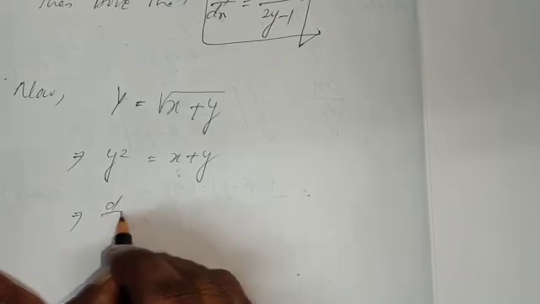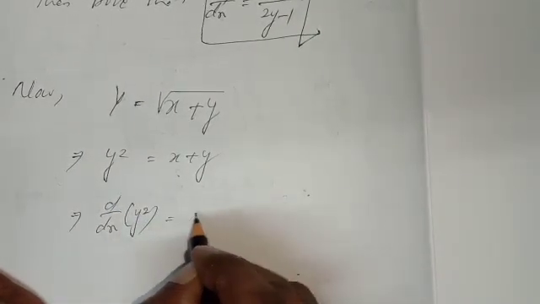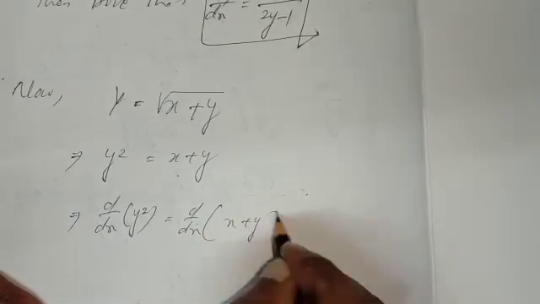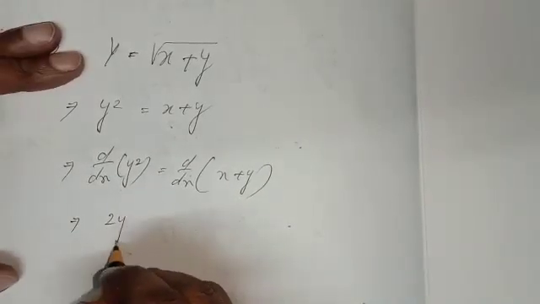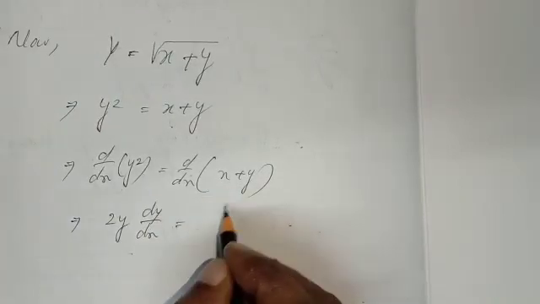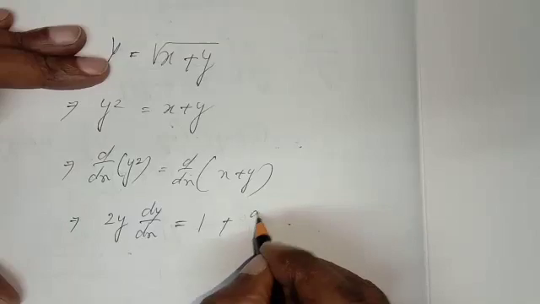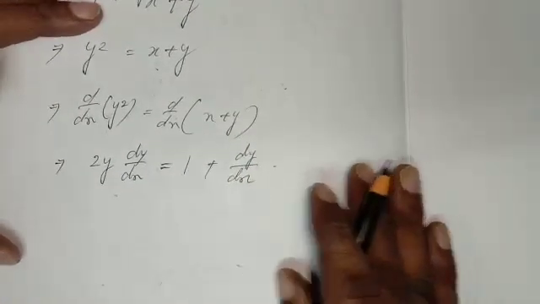Differentiating both sides with respect to x, y square equals x plus y. That means what is the derivative of y square? That will be 2y into dy by dx. The derivative of x is how much? 1, plus derivative of y, that is dy by dx.